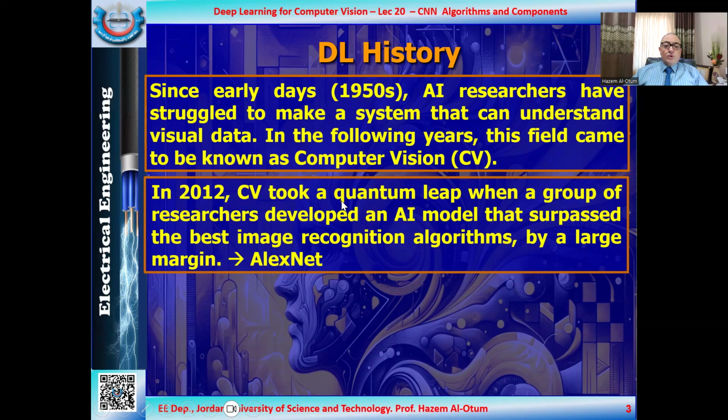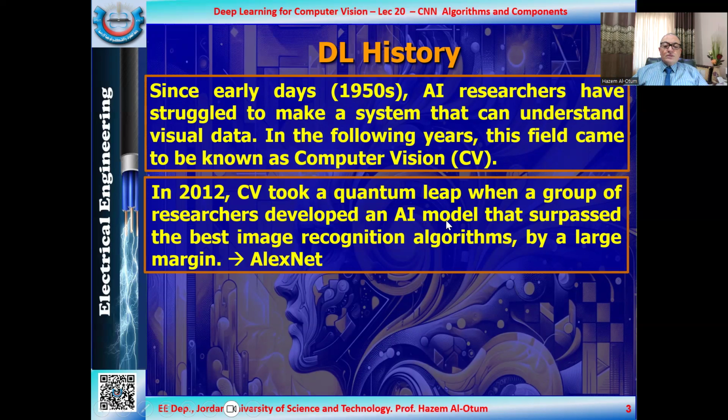There was the first work which was a very, very big push to the deep learning research direction. And this was a quantum leap when a group of researchers, led by Alex, named this network AlexNet, and they developed an AI model that surpassed the best image recognition algorithms.